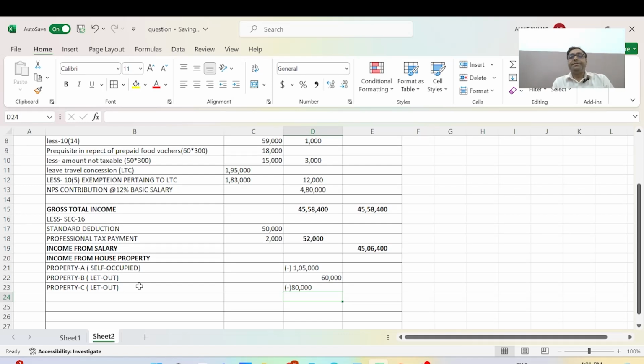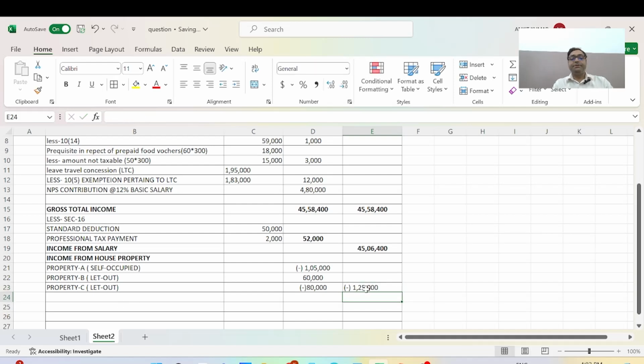Now, calculating on the calculator, 1 lakh minus 1,85,000, and 1,85,000 minus 60,000, the amount will be minus 1,25,000.